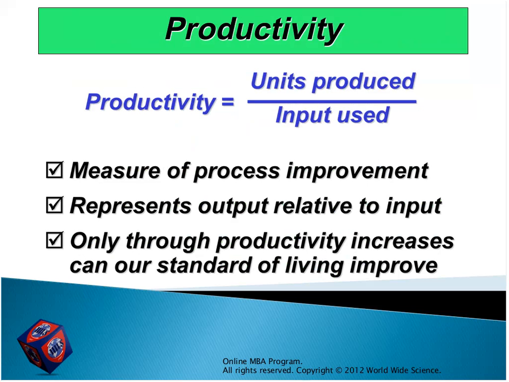Also, only through productivity increases can our standard of living improve. So, if we improve productivity, we can improve the standard of living because we can decrease the cost, we can increase our ability for production, and so we can be successful in our job.